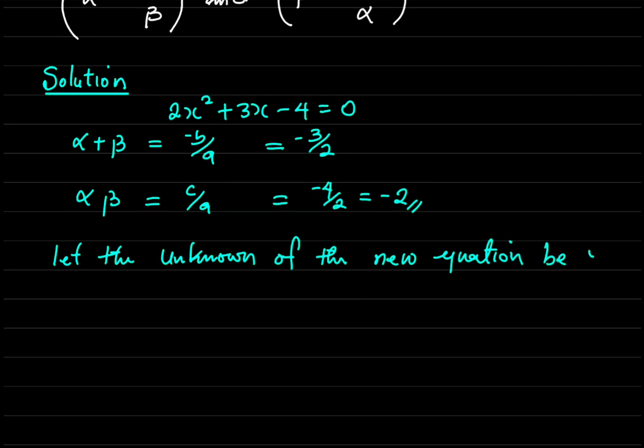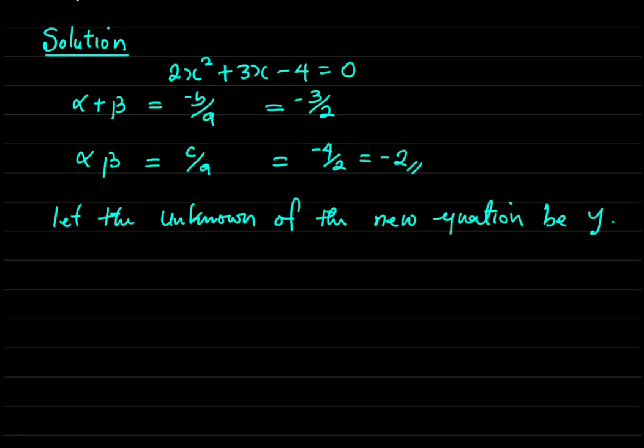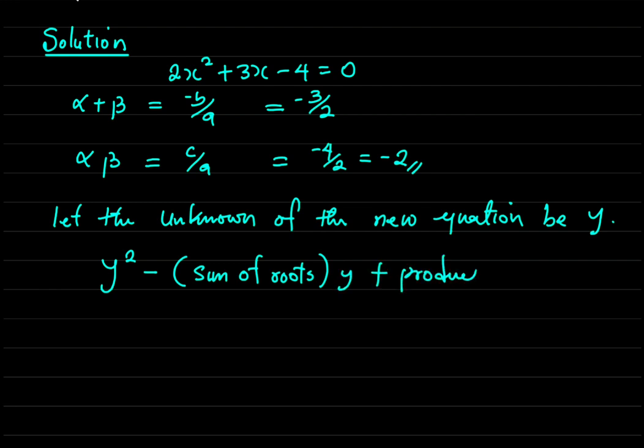Remember, in the previous video I showed you how to form a quadratic equation, which is the unknown squared minus the sum of roots times the unknown plus the product of roots equals 0.